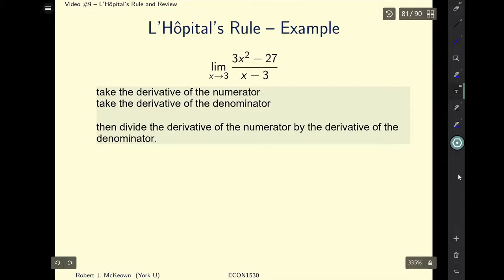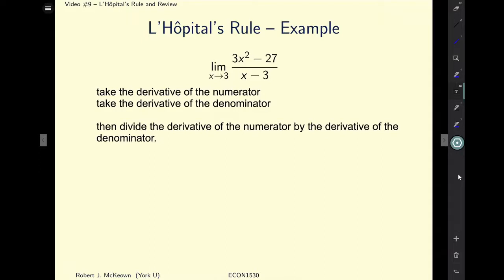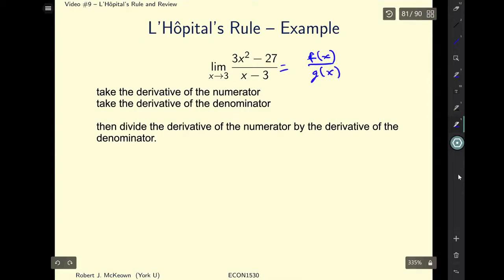So in English, that's what I'm about to do here. If I look, so maybe I'll define this as f of x over g of x.